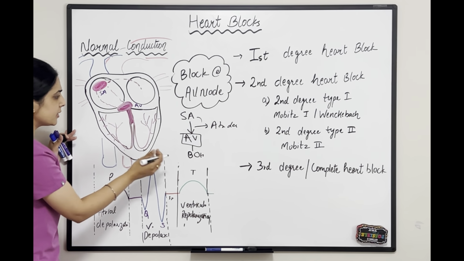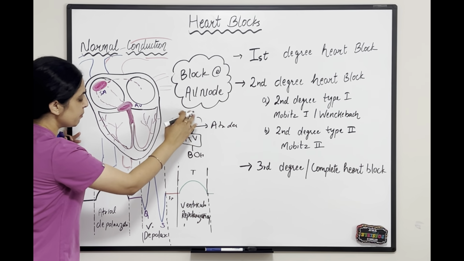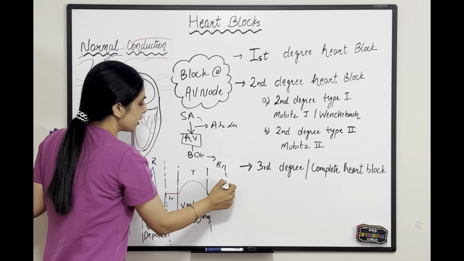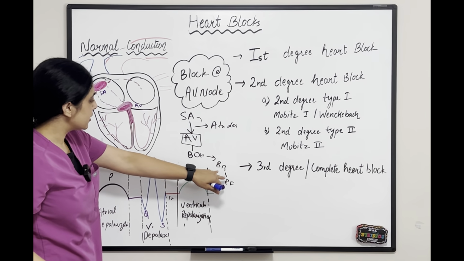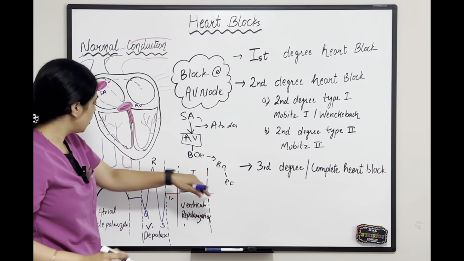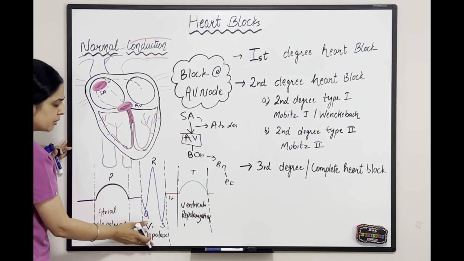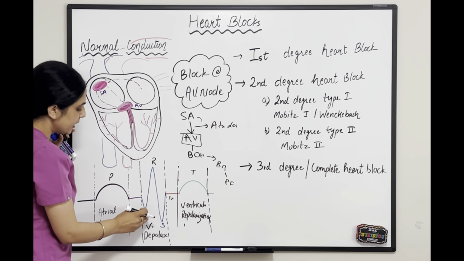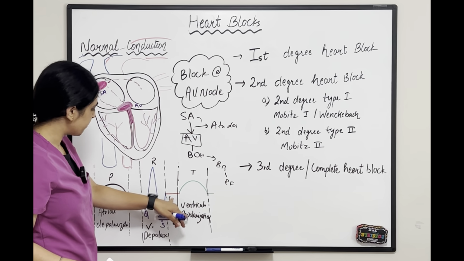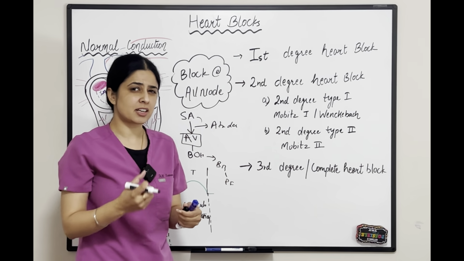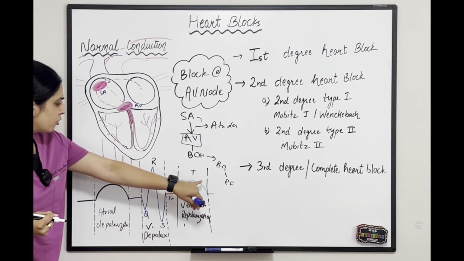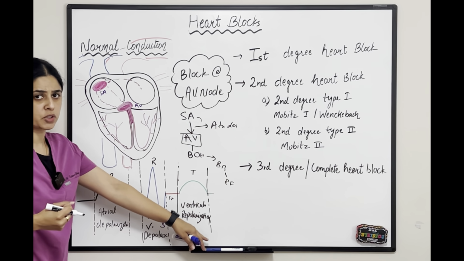When the impulses transmit from the AV node to the bundle of His, bundle branches, and then Purkinje fibers, our ventricle depolarizes and contracts, and the QRS complex forms. After the QRS complex there is an ST segment, representing complete depolarization and the beginning of recharge of the ventricles.